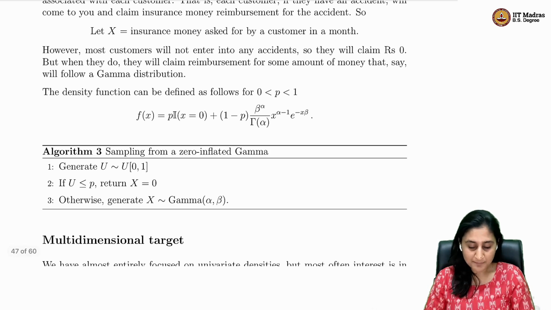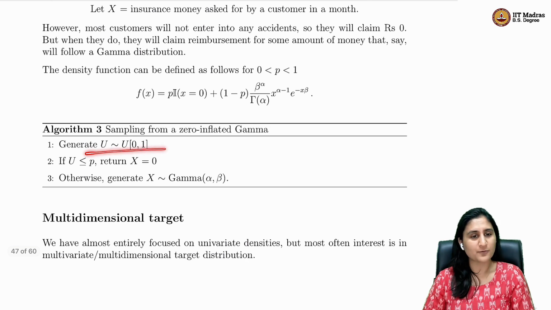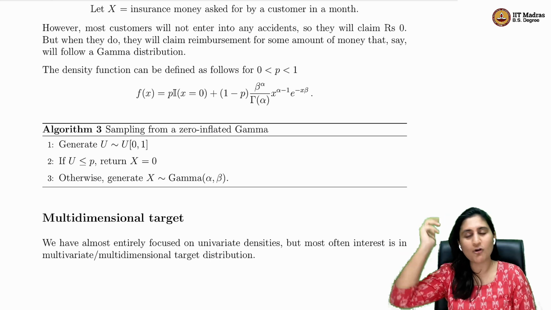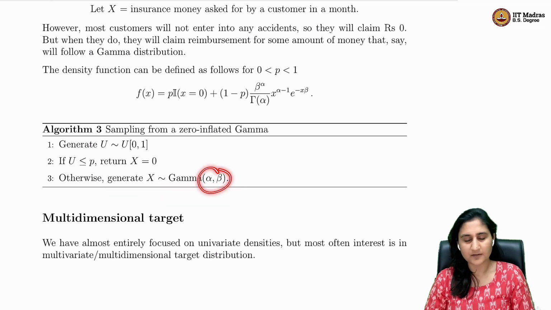Sampling from such a zero-inflated gamma: generate a uniform draw. If U is less than or equal to P, then return X equals 0. That means with probability P, I will not have any claims. So P can probably be very large. Otherwise, generate X from gamma alpha beta, where alpha and beta pertain to the problem.